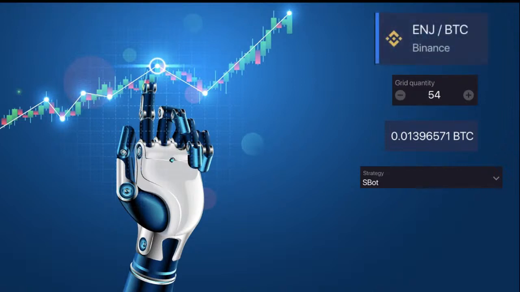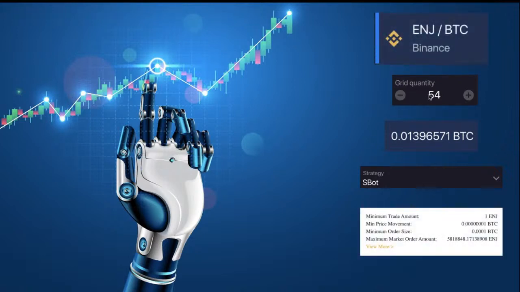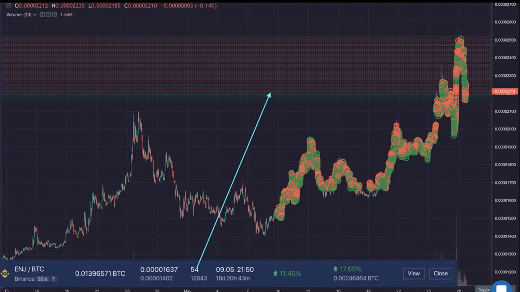For example, NG trading to BTC, I had 54 grid levels in total, with that amount of investment in BTC. I used the SBOT strategy, and I also took into account the minimum requirements from Binance.